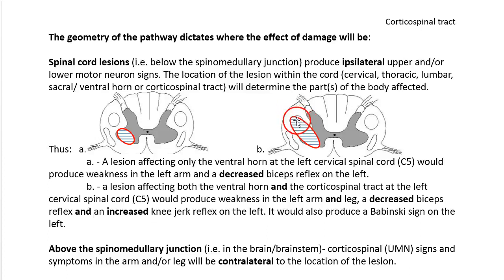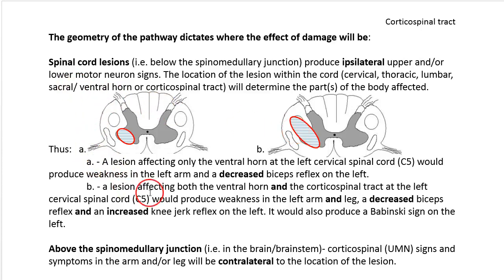But if the axons are injured right here, there is no input to that lower motor neuron for the leg. As a result, that leg will show an increased knee-jerk reflex on the very same side. It would also, because of damage to the corticospinal tract, produce a Babinski sign on the left.